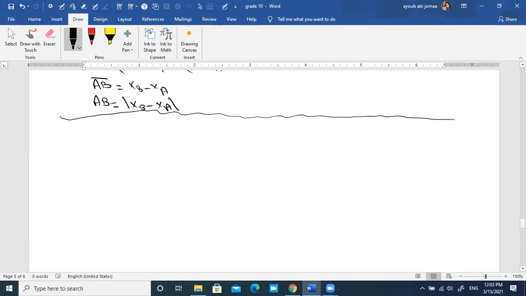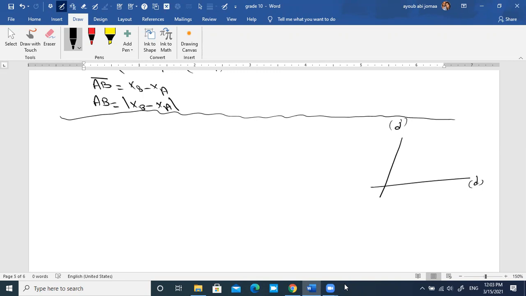In the plane. Consider two non-parallel lines, D and D prime. Let's say this is line D and this is line D prime.